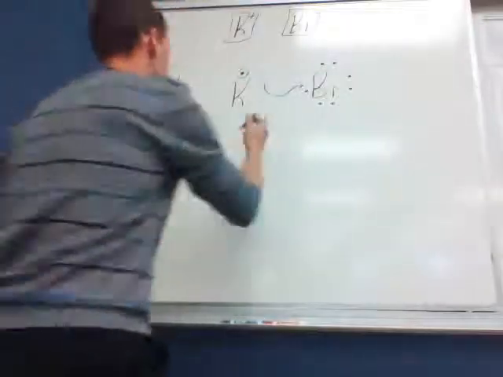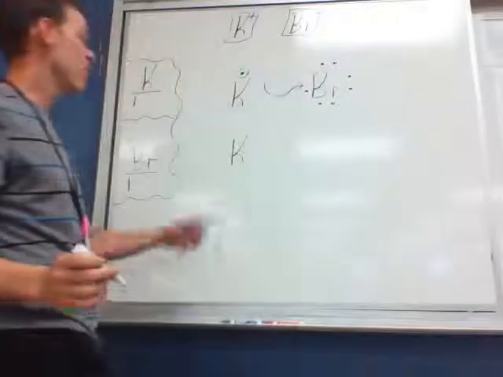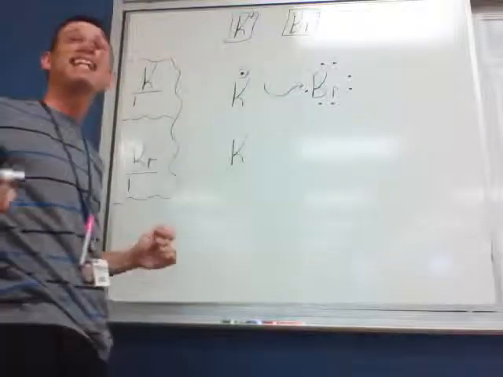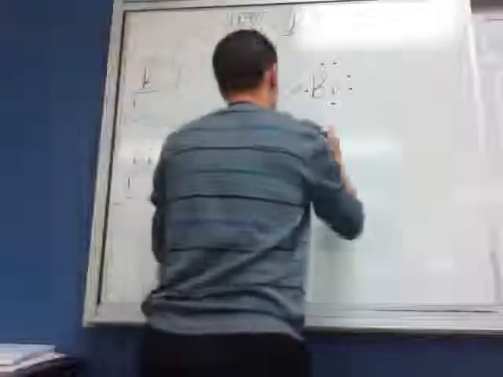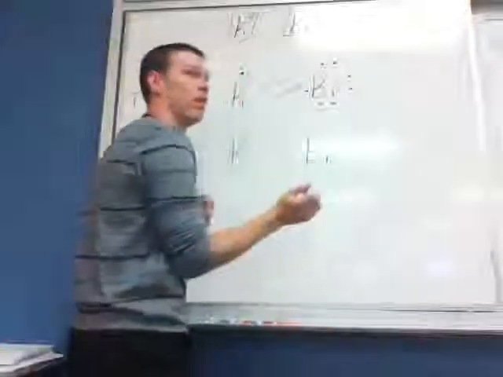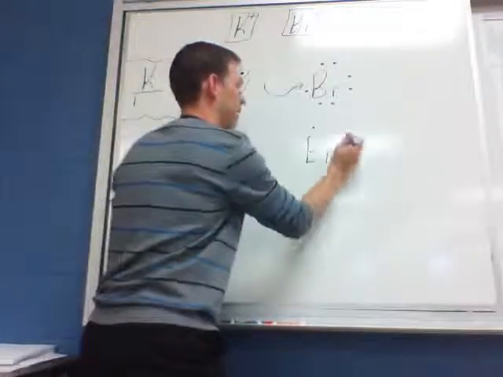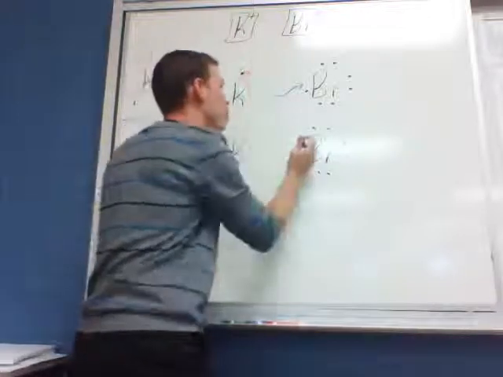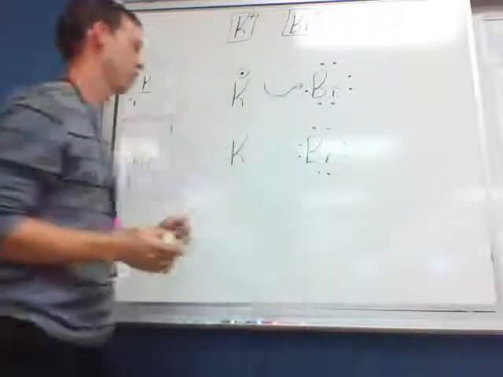So when this happens, let's see what they look like. Now you have a naked potassium. Once he gives that electron away, he's got 0. What does bromine look like now? He's got a full octet. Great way to say it. There's the 7 that he had, and then I moved this one over to him.